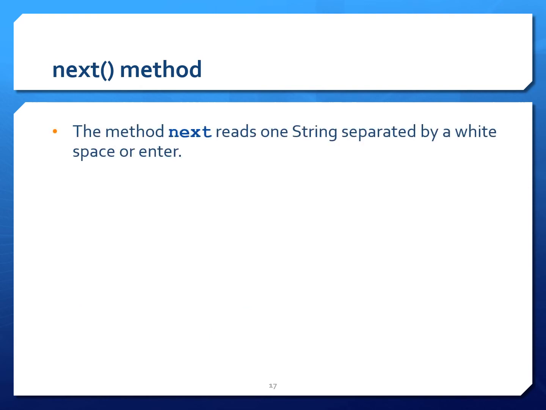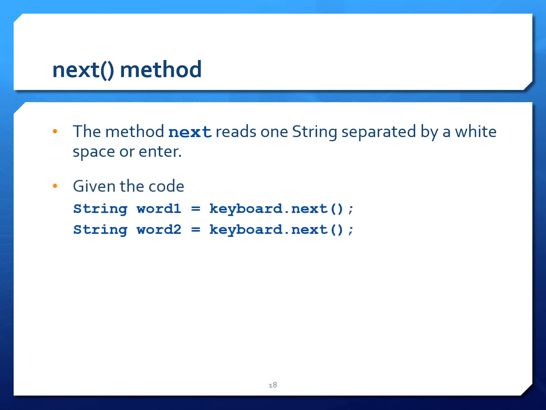The method next reads one string separated by a white space or enter. If we have the following code that reads in two strings using the next method, we can put the two input strings as one single line input at the console. The two strings are separated by a white space.